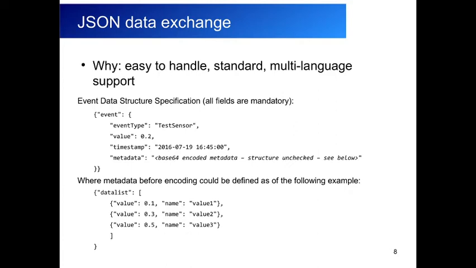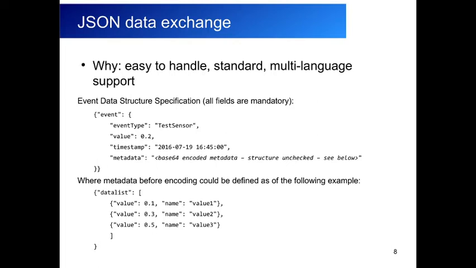Why did we choose JSON? Because it's a standard, it's supported in many languages, and it's very easy to handle in web applications as well, since it's supported in JavaScript and many other languages. The data structure for the event is again very basic and simple. We have an event type, which is the lookup key that we use to check if the event is recorded on the database and can be accepted.